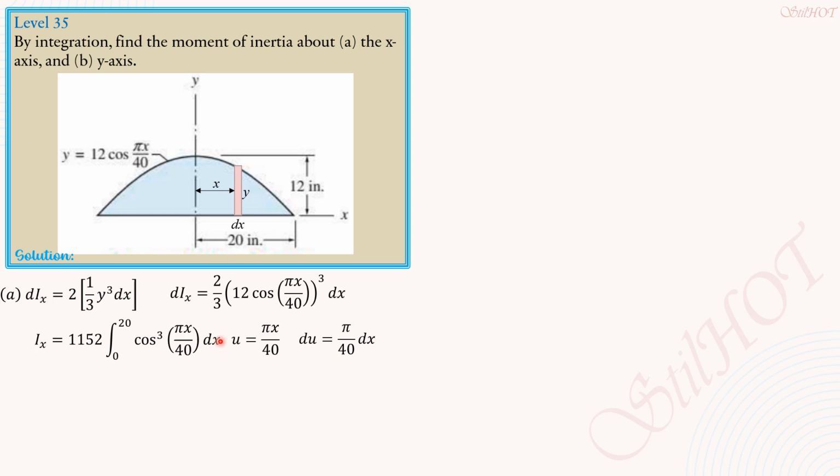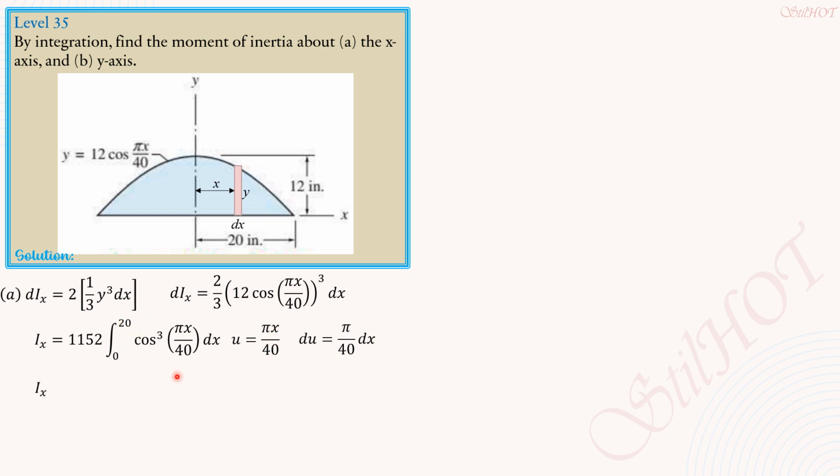We make this pi over 40 dx and put the reciprocal of pi over 40 before the integral sign, combined with 1152. Now, we also change the limits. So when x is 0, u is pi times 0 over 40, so u is also 0. When x is 20, pi times 20 over 40 is pi over 2. So the upper limit would be pi over 2.